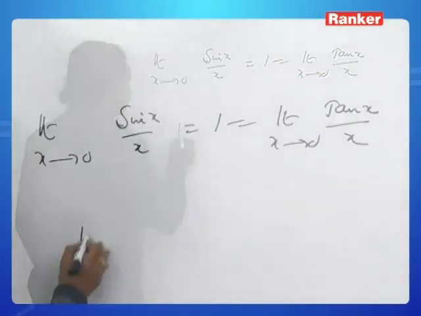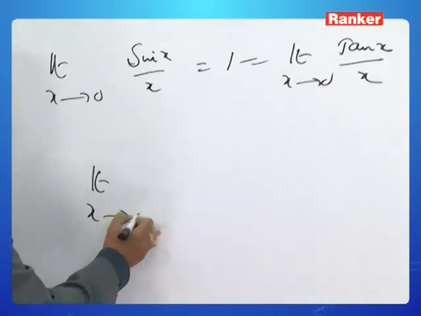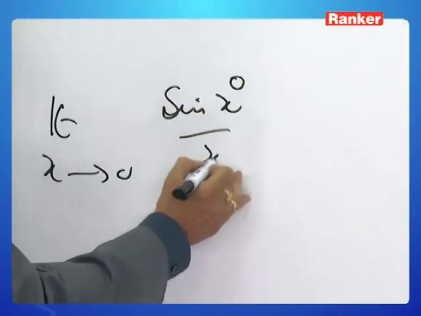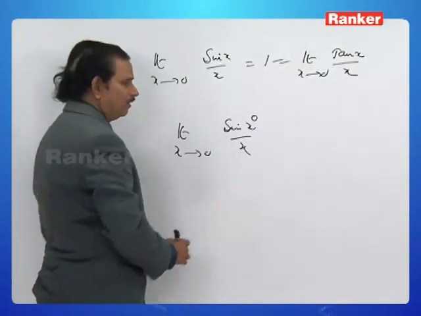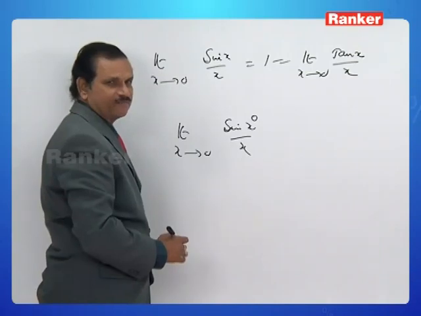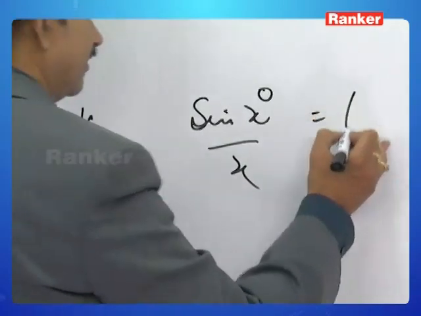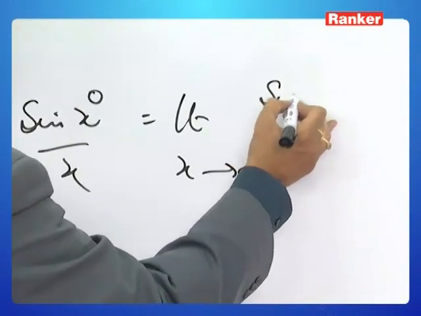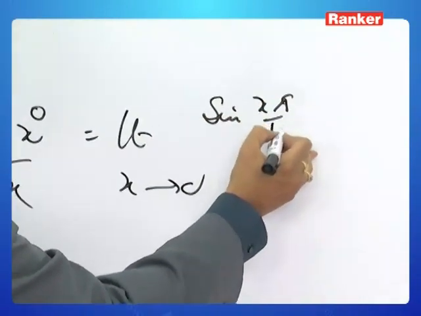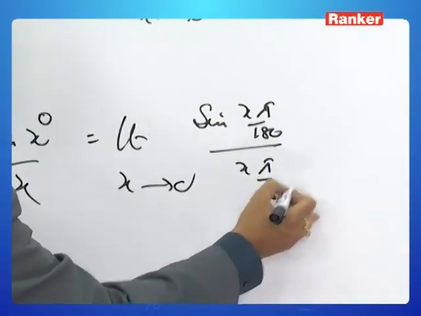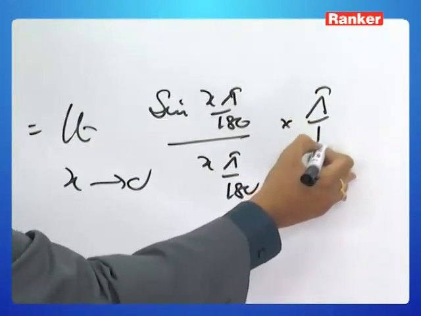If I ask you to calculate limit as x tends to 0 sine x degrees by x, is it 1? No. X degrees means you may have to convert it in terms of radians, so that it is limit as x tends to 0 sine of x pi by 180 by x pi by 180 into pi by 180.